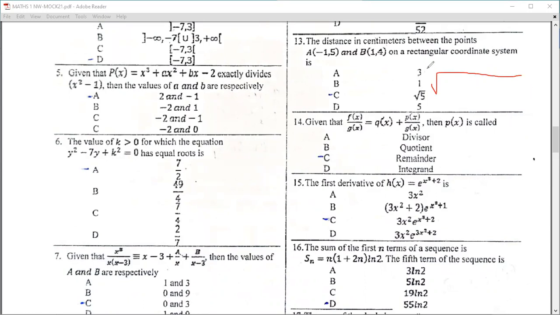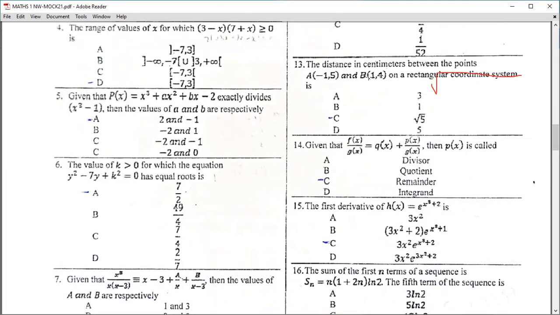So this should be equal to the square root of 1 minus minus 1 all squared, which just gives us 2 squared, which is 4. And plus 4 minus 5 is minus 1 squared. So it's 1. So this solution is equal to root 5. So this gives us root 5.